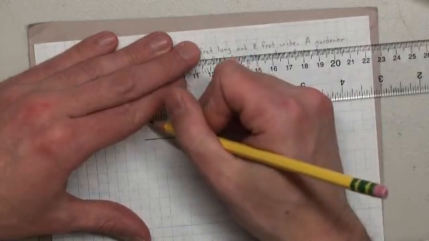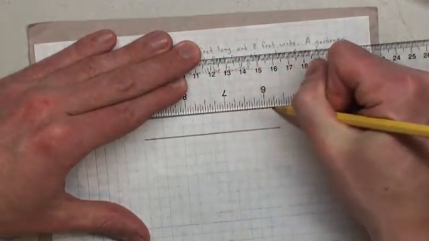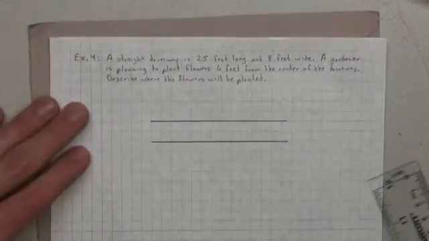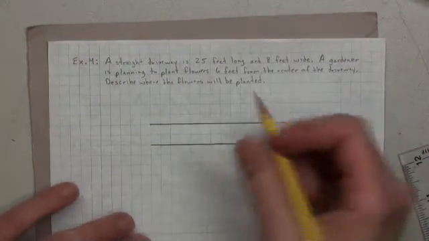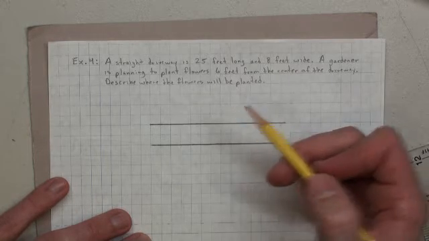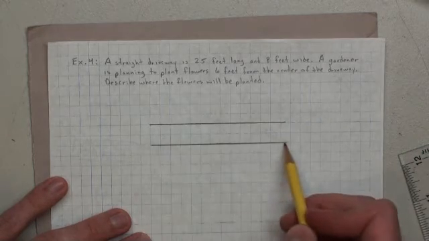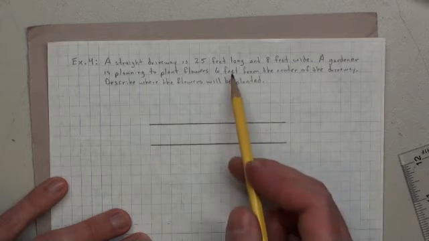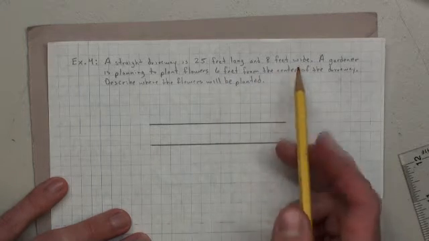Okay. So this is our driveway. All right. And it's 25 feet long. So the distance from one end to the other is 25 feet long. And it's 8 feet wide.